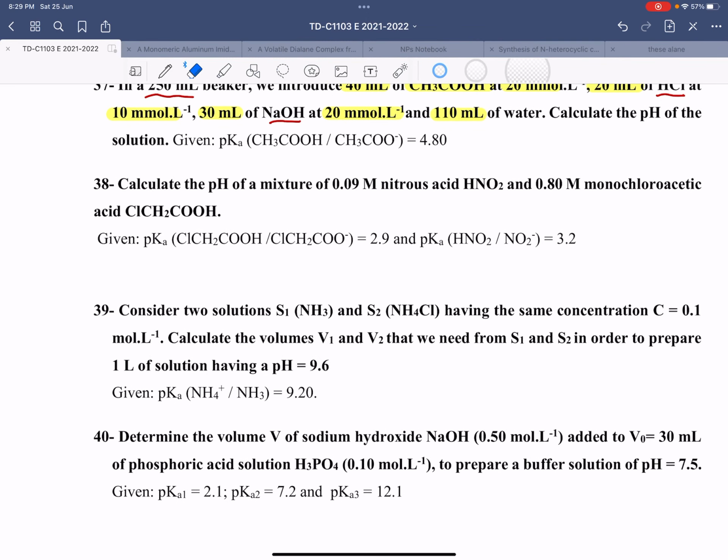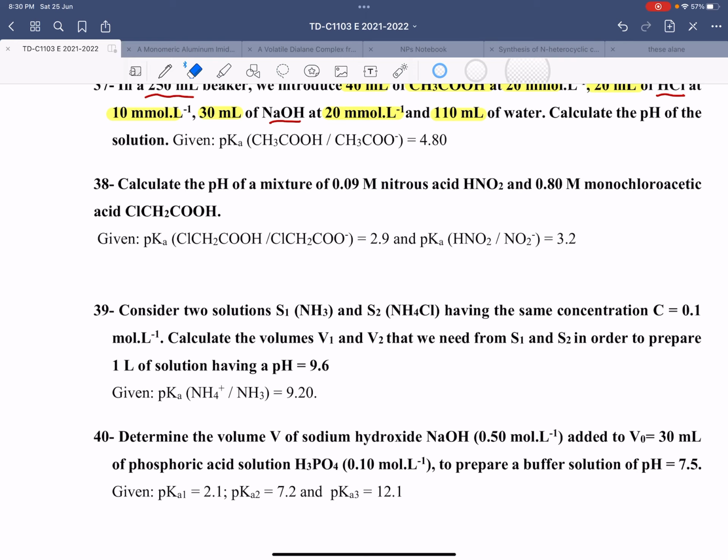Number 38. Calculate the pH of a mixture of nitrous acid, which is basically a weak acid, and monochloroacetic acid, again a weak acid. You have two weak acids. The important thing is to look at the Kas.